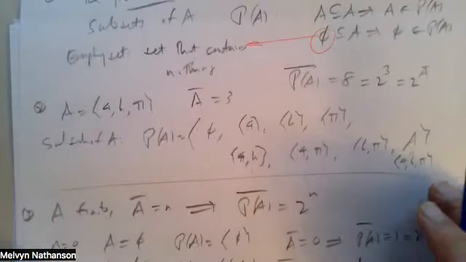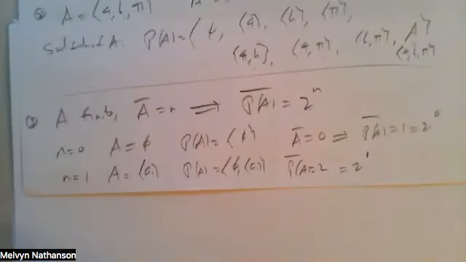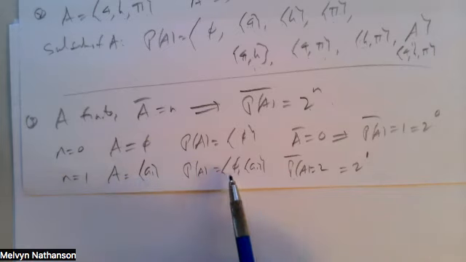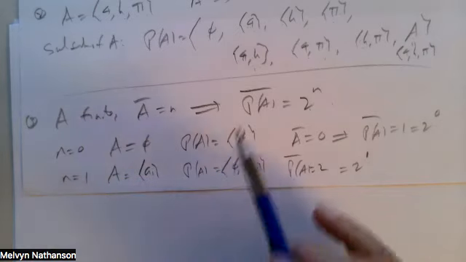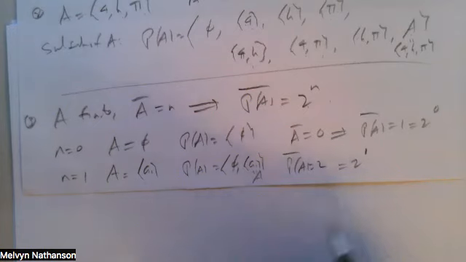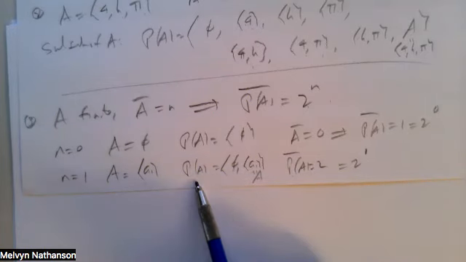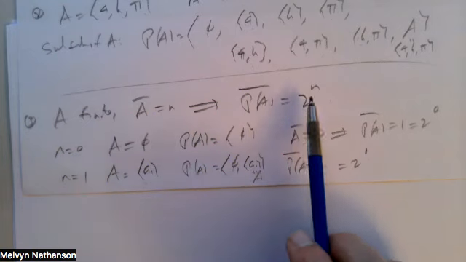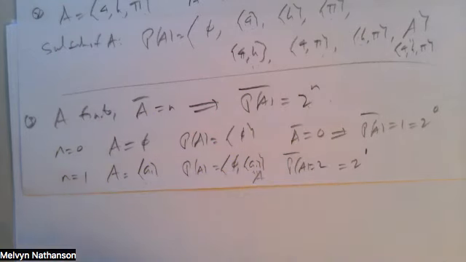If there's just 1 element in the set, the only subsets are the empty set and the set itself. So there are 2 elements in the power set, which is exactly what we see there.